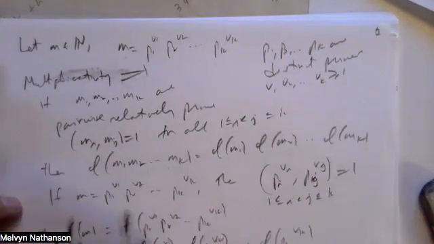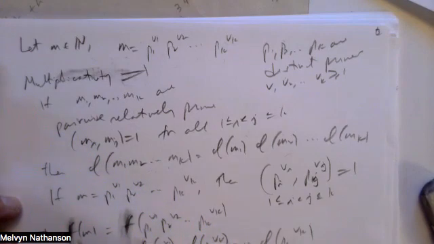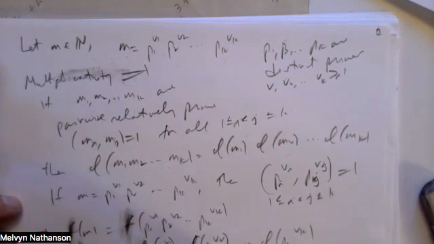This is a statement about any multiplicative function. So f of m is f of p1 to the v1, f of p2 to the v2, up to f of pk to the vk.